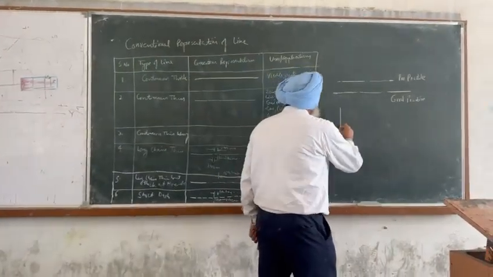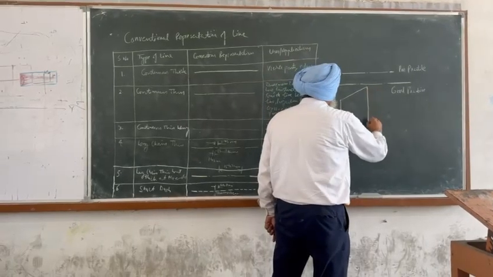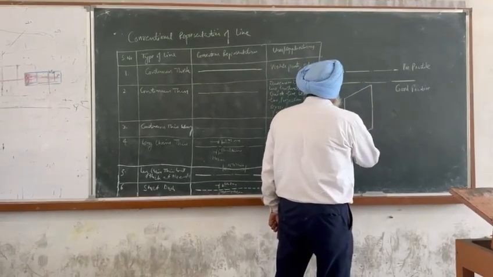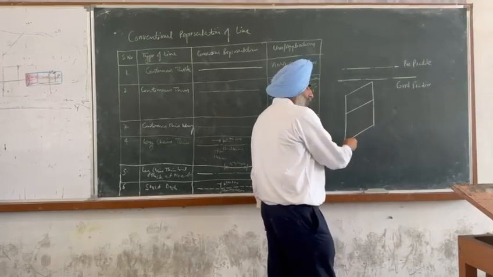Let me show you one example related to quadrants. This is a vertical plane. Basically this is the common axis.